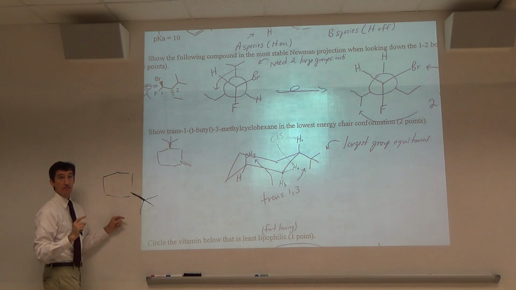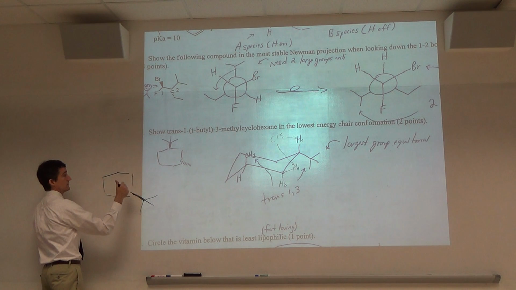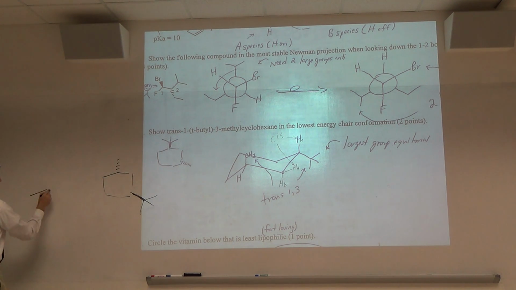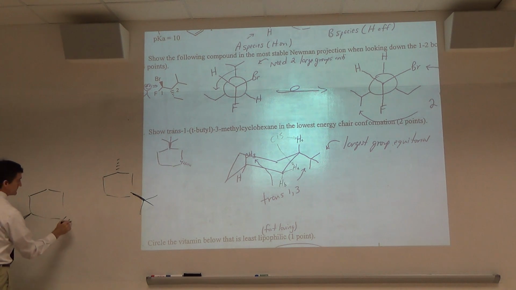Once you put that, then you got to put the methyl 3. Put the methyl there. Or why not do it like this? Why not put the T-butyl here and put the methyl here? Those are all that compound.